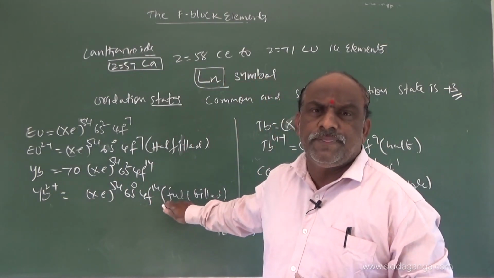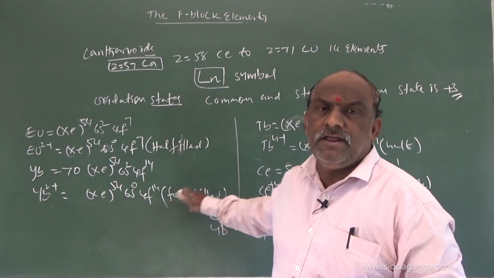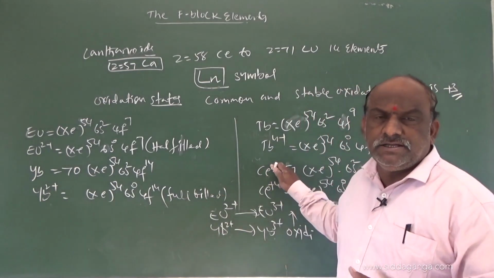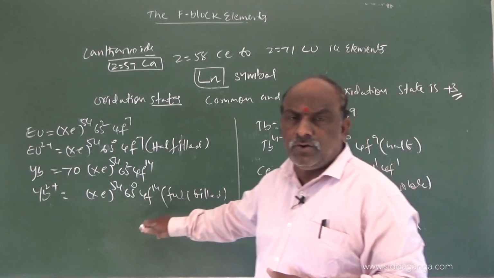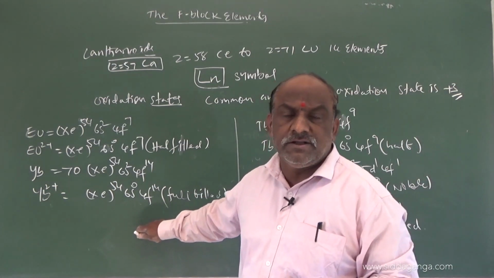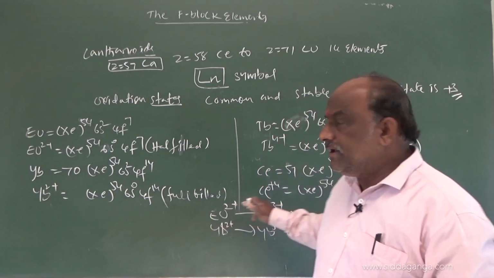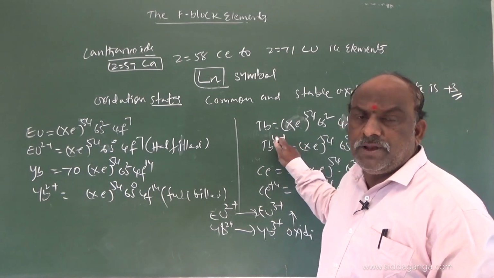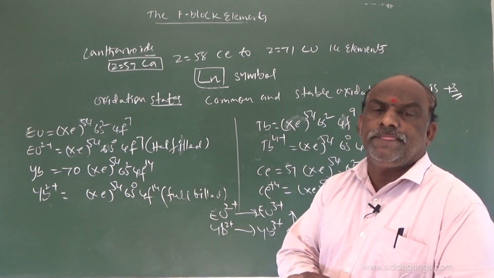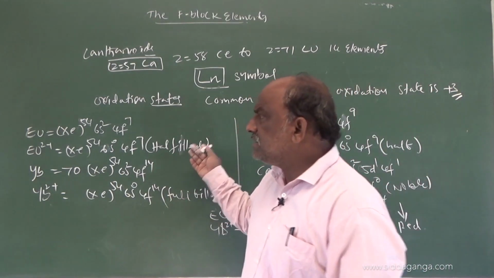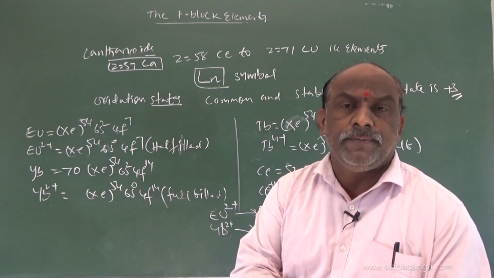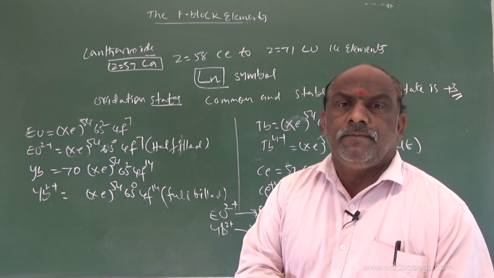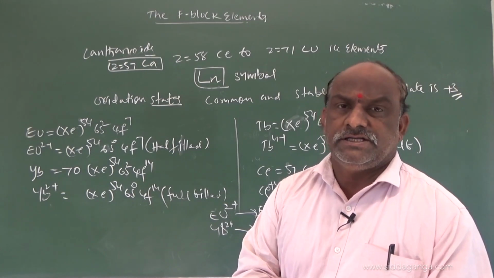Europium 2+ is a reducing agent, cerium 4+ is an oxidizing agent, terbium 2+ is a reducing agent, and terbium 4+ is an oxidizing agent. Why oxidizing agents, why reducing agents? Because of the stable oxidation states.